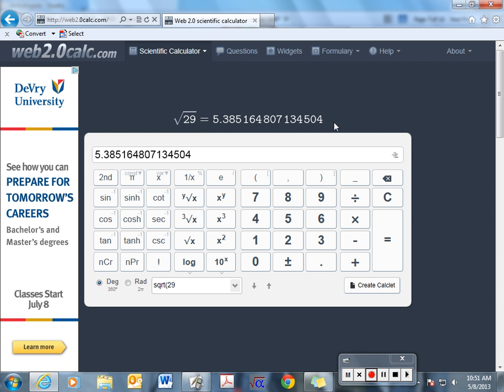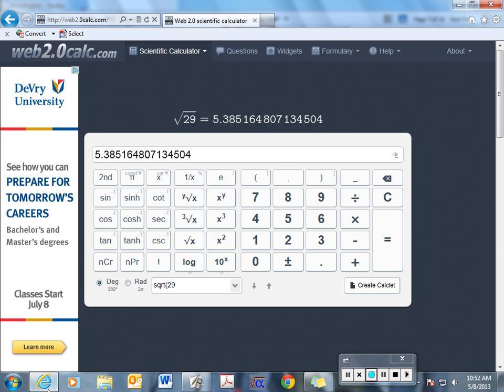Now, truthfully, that's not the exact amount, because even if you just look at this last number and you took it times itself, 4 times 4 does not equal 0. Well, we know that the square root of 29 would be 29.0000000, and on and on and on. So even the calculator has to round off the square root of 29.